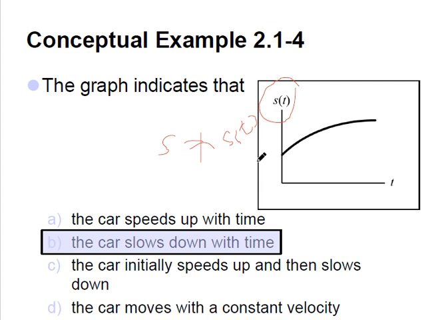So S(t) represents your position of that particle, but as a function of time. So mathematics is already in there. We're looking at position, but you have to function with your time.